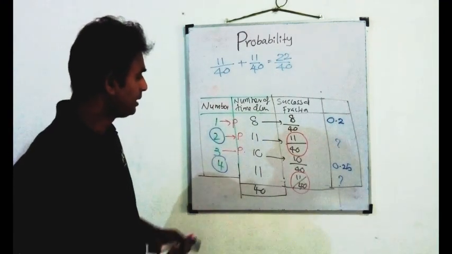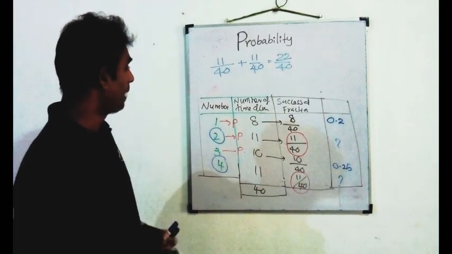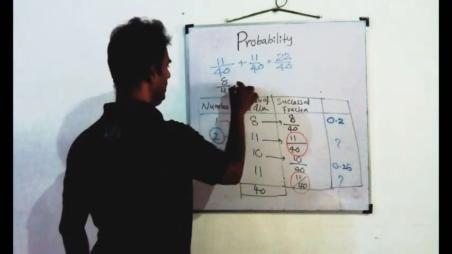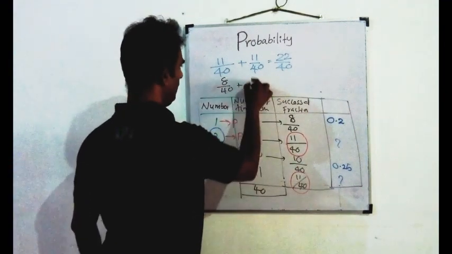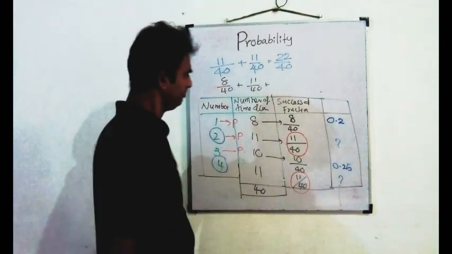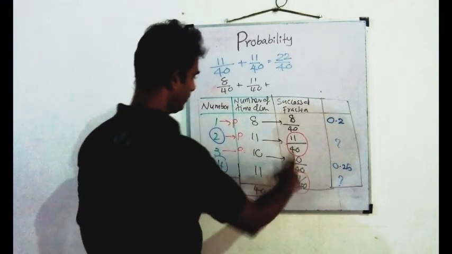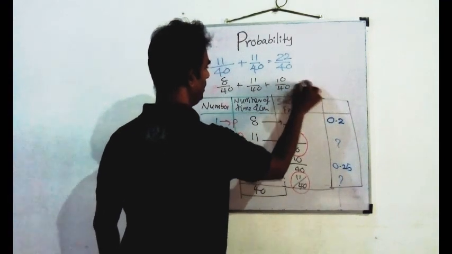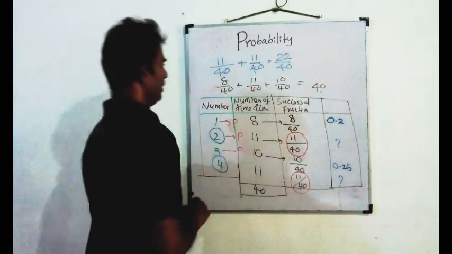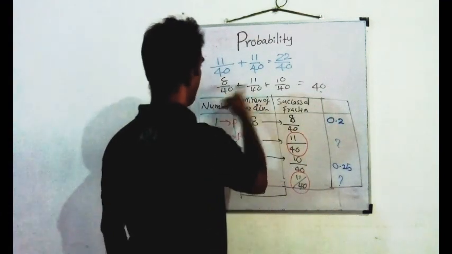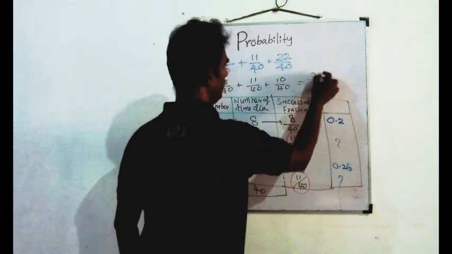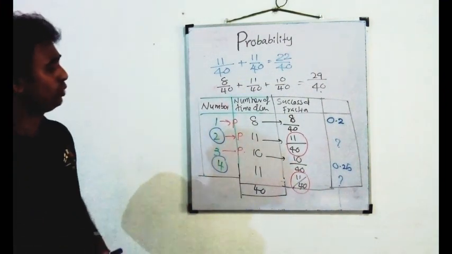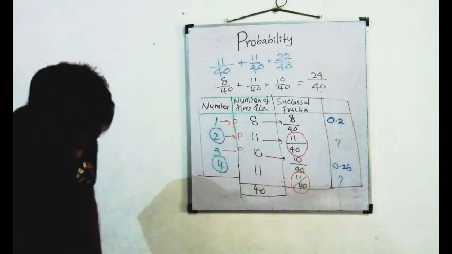The experimental probability of these prime numbers is 8 upon 40 plus 11 upon 40 plus 10 upon 40, equal to 29 upon 40.